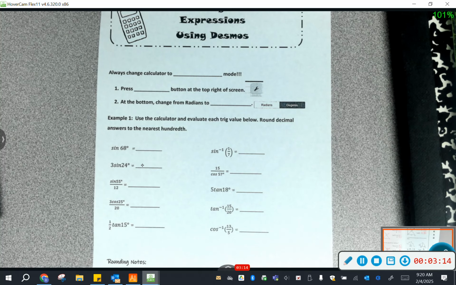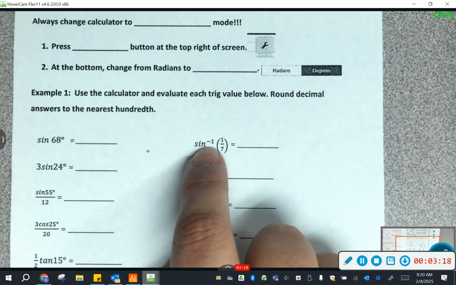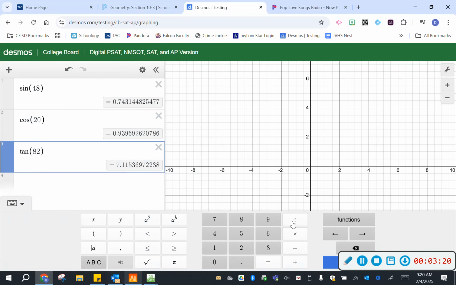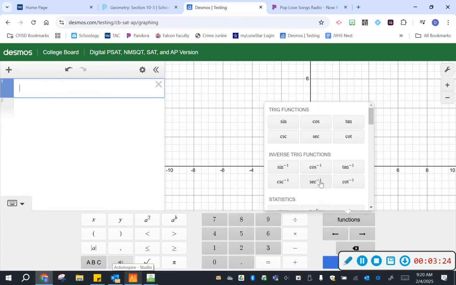Oh, by the way, real quick. This one, do you see how that one has a little -1 up top right there? Click functions in your calculator. And do you see how these right here have a little -1 up top? That's what you're going to use.